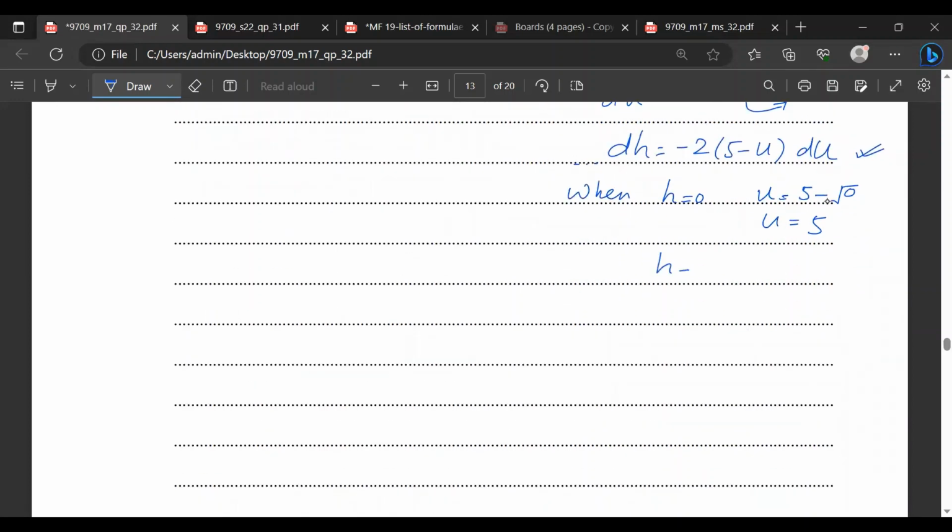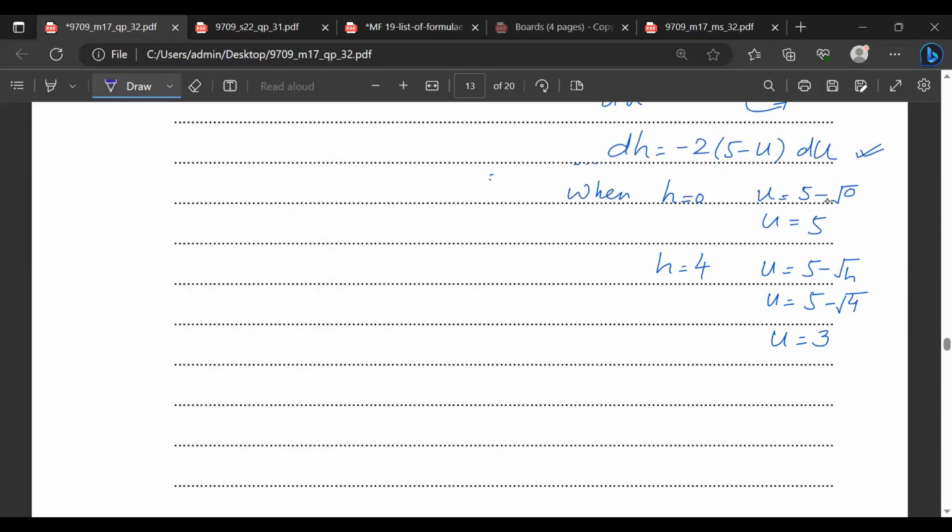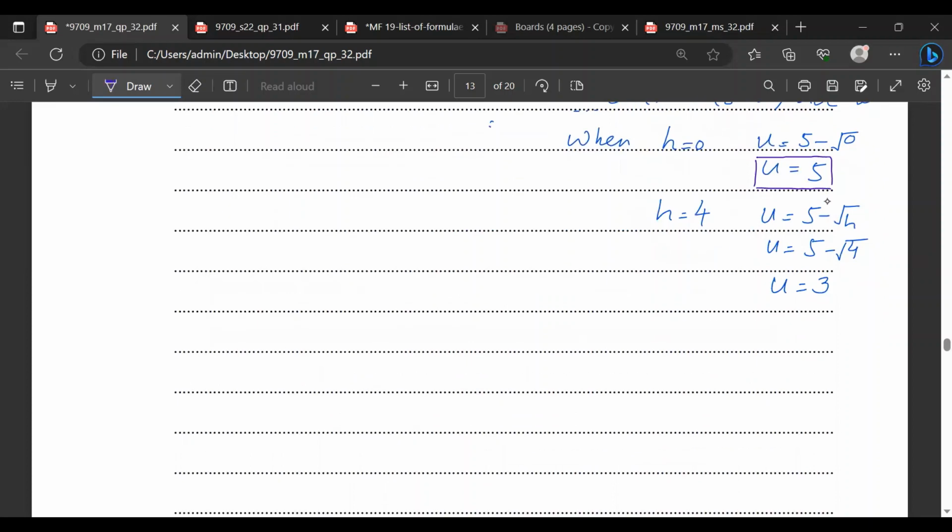And when h is equal to 4, u equals 5 minus root 4, so u is 5 minus 2, which is 3. So we have changed the limits as well. When h equals 0, the corresponding value of u is 5. When h is equal to 4, the value of u is 3.